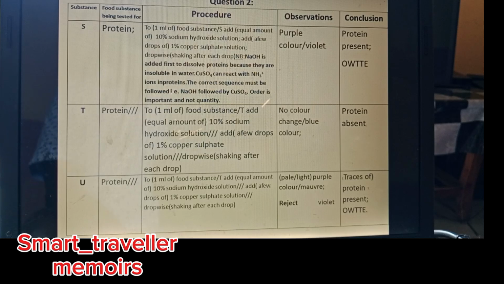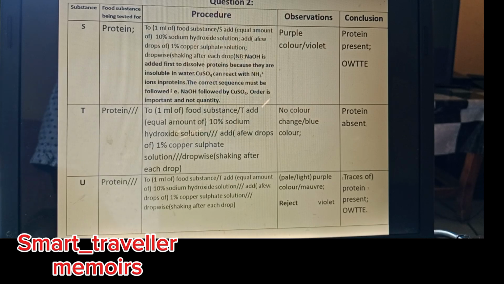And these are the results of the experiments. You have substances S, T, U. Food substance being tested is protein. Procedure is given there, observations and conclusion.